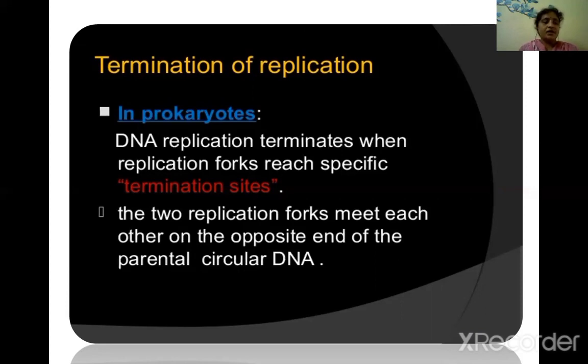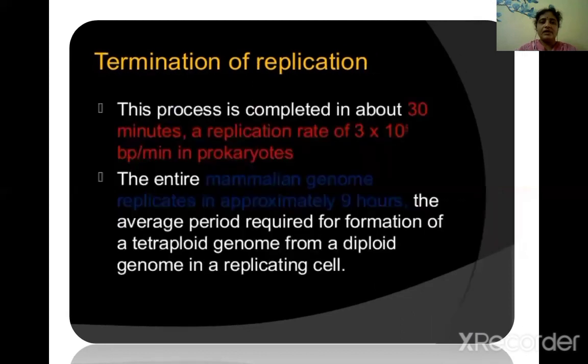The termination process in prokaryotes: DNA replication terminates when the replication forks reach the specific termination sites. The two replication forks meet each other on the opposite end of the parental circular DNA.